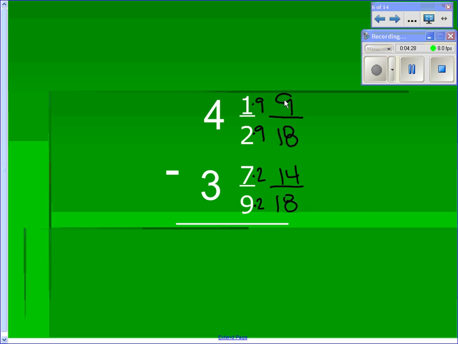So now we have 9 minus 14. We can't do that, so we are going to borrow 1 whole from the 4, and that makes that a 3. Okay?